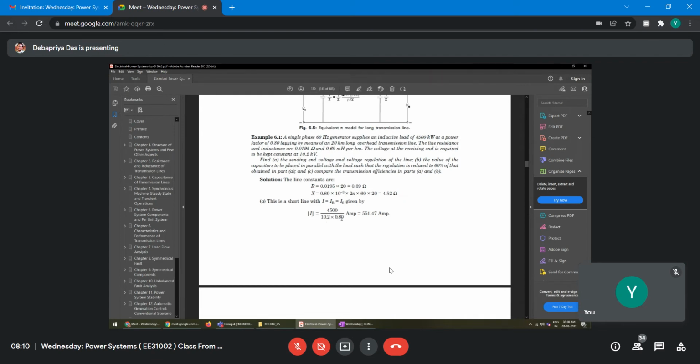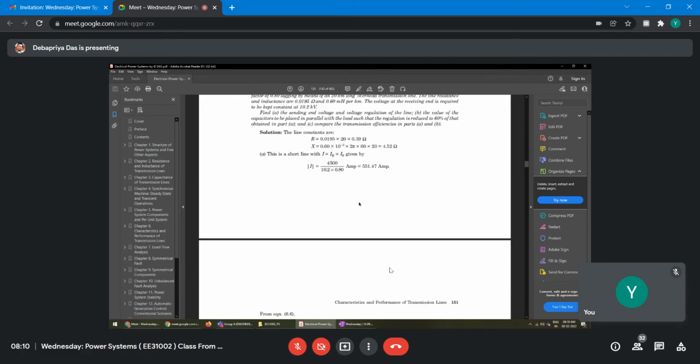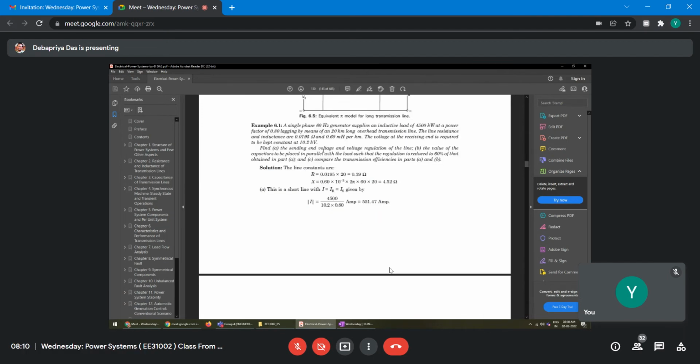So the magnitude of the current will be 551.47 ampere. And it is a short line, so no question of considering the charging admittances. So IR is equal to IS, receiving end current equals sending end current, and it is lagging, so the angle of this current should be minus 36.86 degree.